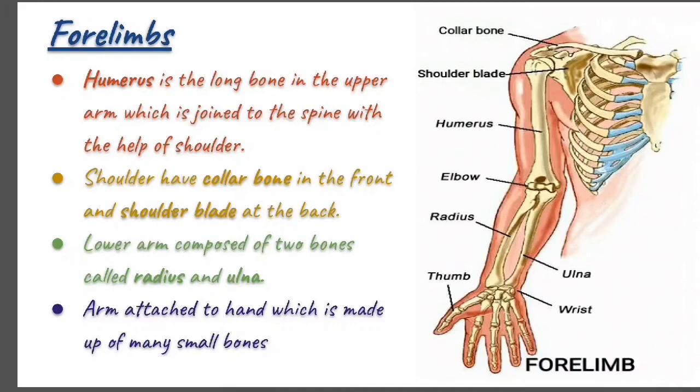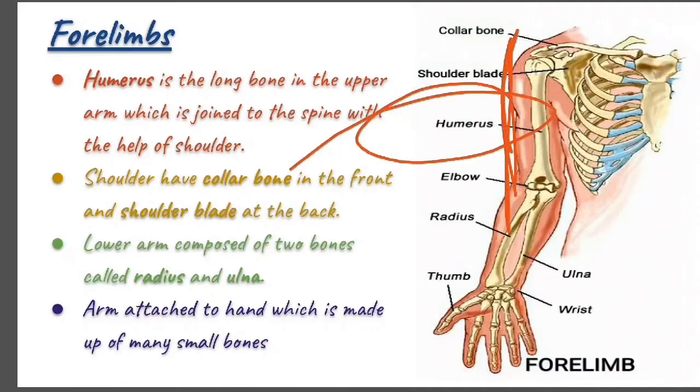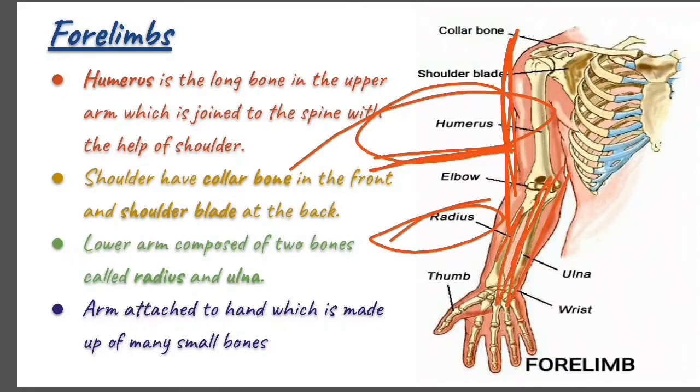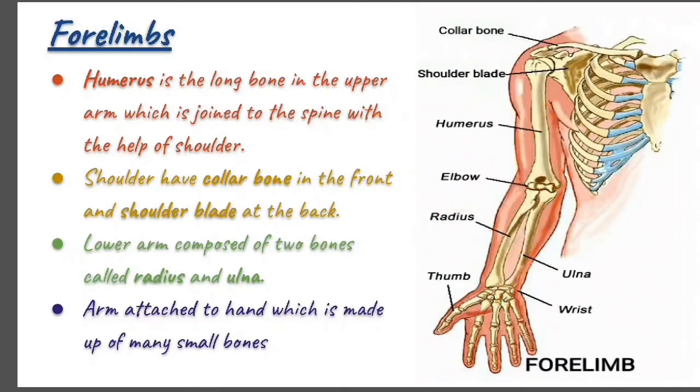Your forelimbs also consist of various bones. The upper part, called the upper arm, has a long bone called the humerus, and the lower arm consists of two bones.